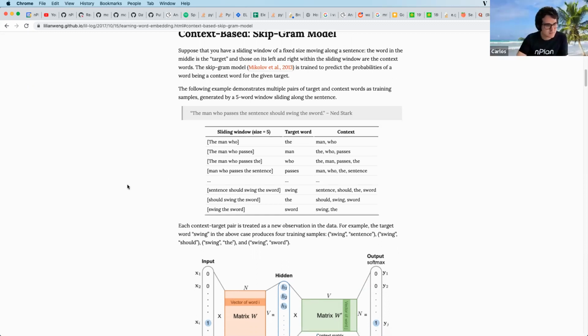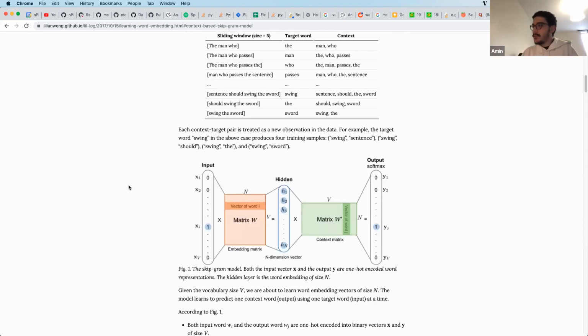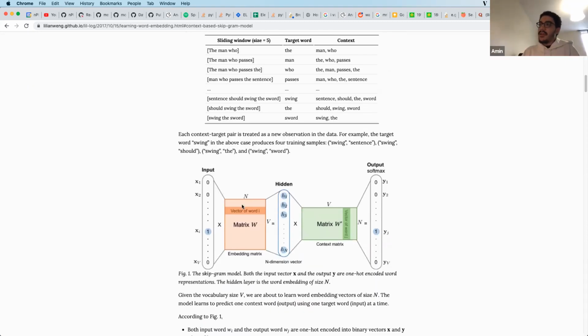Sure. So you have an embedding matrix which is learned, and a context matrix which is also learned, and your training examples are word context pairs. The representation that you're interested in is this hidden vector in the middle.